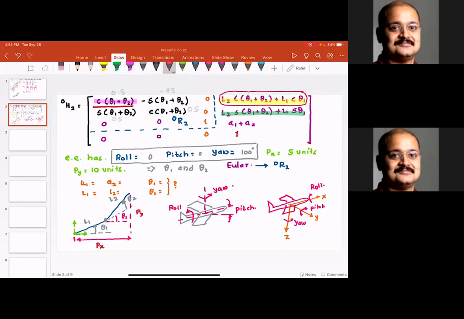That gives you L1 cosine theta 1 equal to a number, and from there you can find theta 1, and then theta 1 plus theta 2. But there is a more general way of solving this problem.